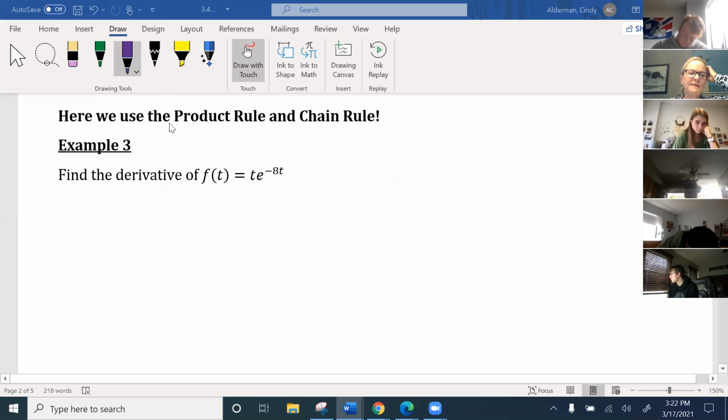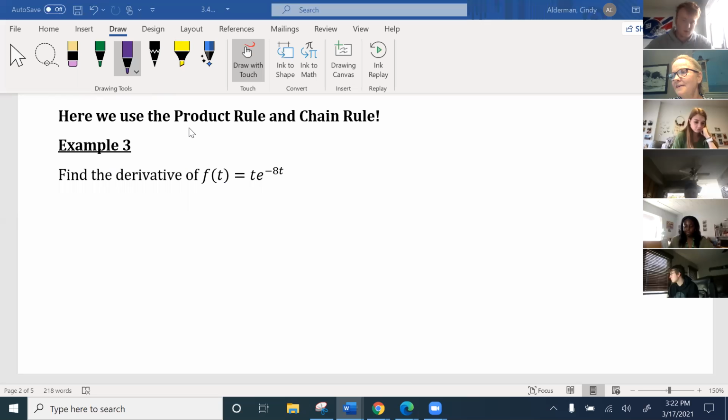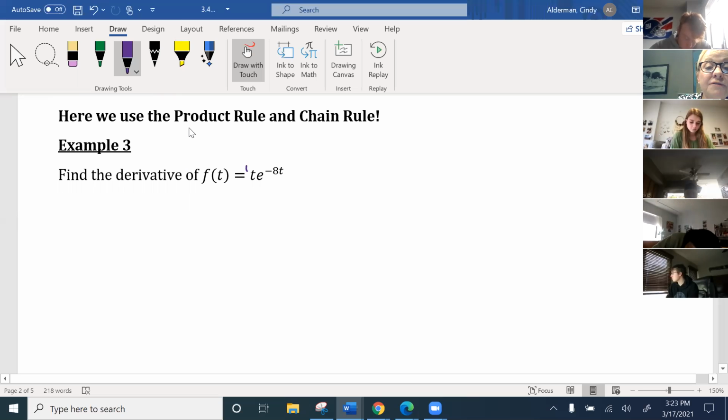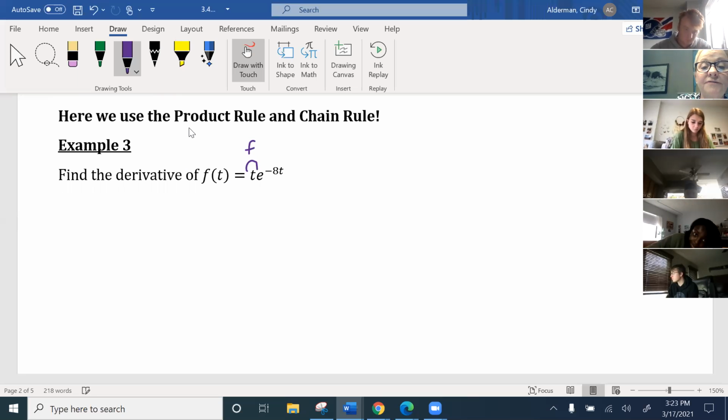Okay, so now here I'm getting all excited. I say, here we use the product rule and the chain rule, but we've already done that, so it's not that exciting, right? Because we did it on the first page, we used the chain rule. All right, so the first function is f, which is t. The second function is your g function.